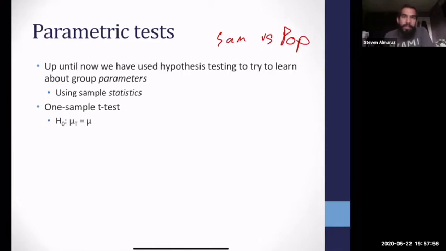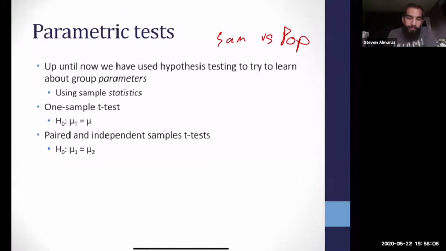So in one sample t-test, our null hypothesis was mu of whatever our treatment group is compared to the population mean. In paired and independent samples t-tests, we had two different population means, so mu of group 1 and mu of group 2. In ANOVA, we added another one, so we've got 3 different mu's there.